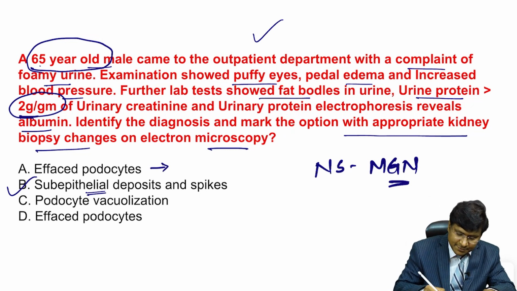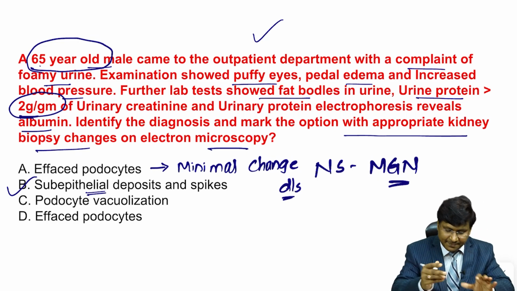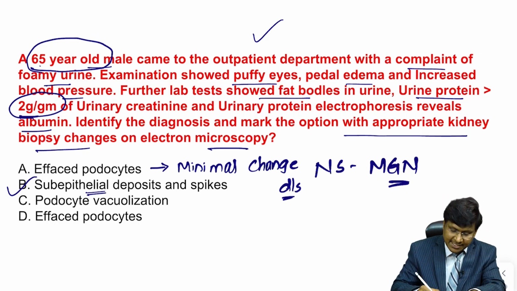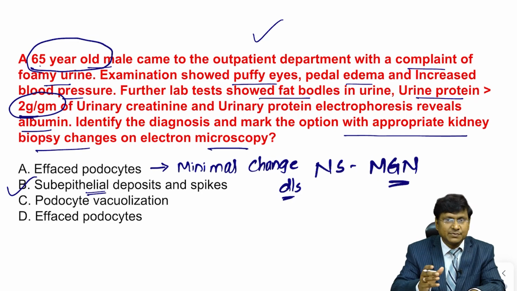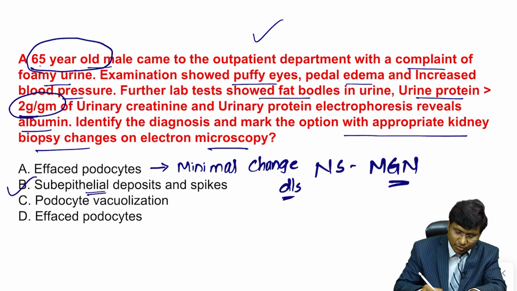Whereas effacement of the podocytes is observed in minimal change disease. So in minimal change disease you have the presence of effaced podocytes, and the subepithelial deposits as well as the spikes are the ones you observe in patients with membranous glomerulonephritis.